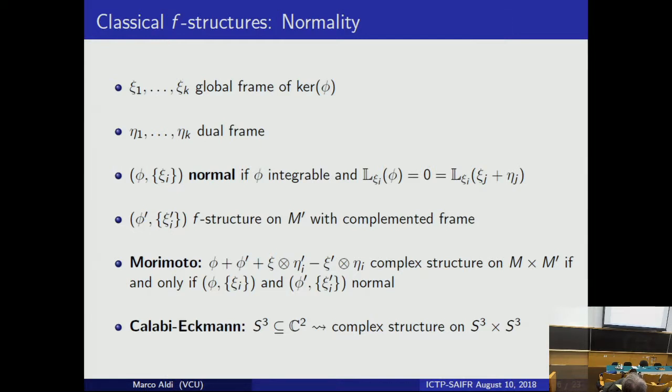And then you say that the pair consisting of the endomorphism phi together with this global frame xi i is normal if phi is integrable, so it's an integrable F structure, and moreover the generalized Lie derivative in modern language of phi with respect to the vectors in the global frame is equal to 0. And you can also rewrite this in this way.